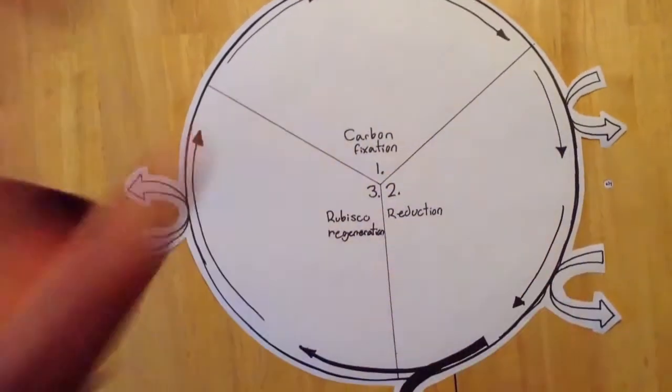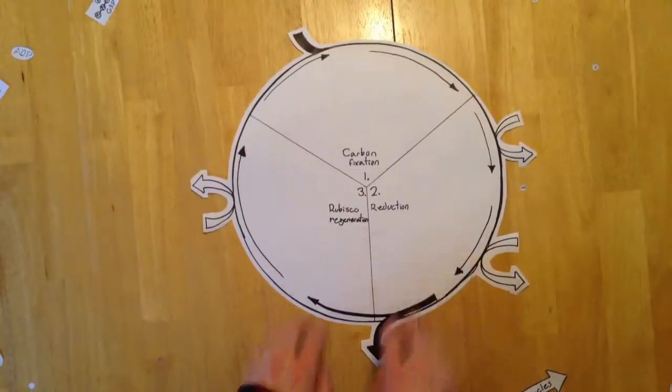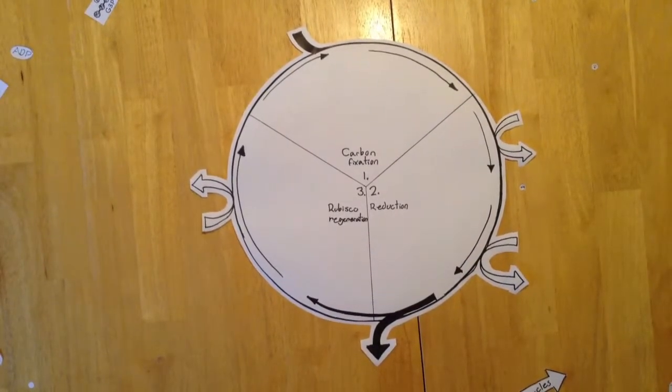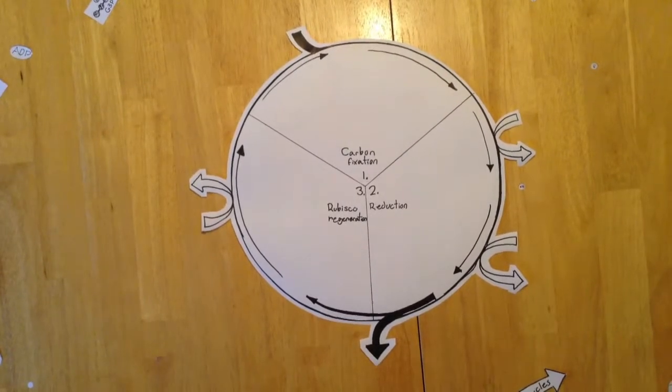And now on to that. The light independent reactions, or the Calvin cycle. It happens inside the stroma instead of anything to do with the thylakoid.